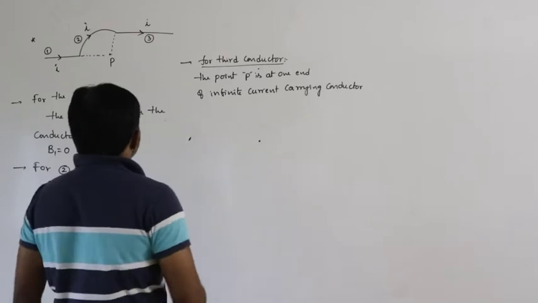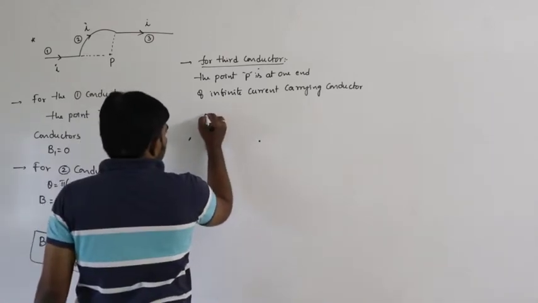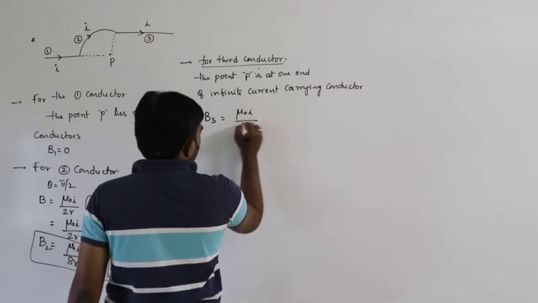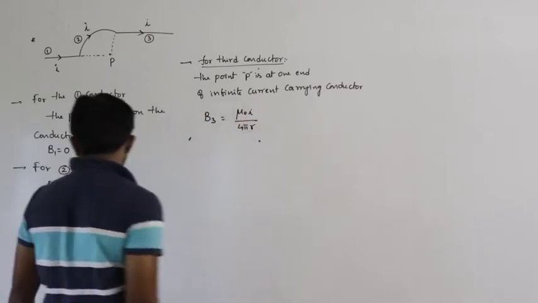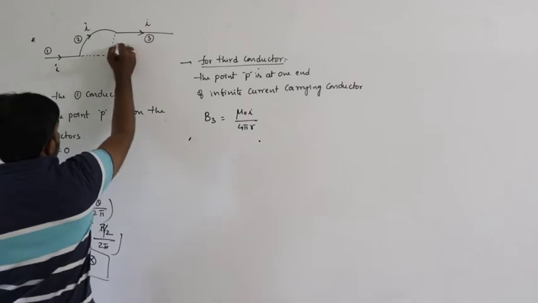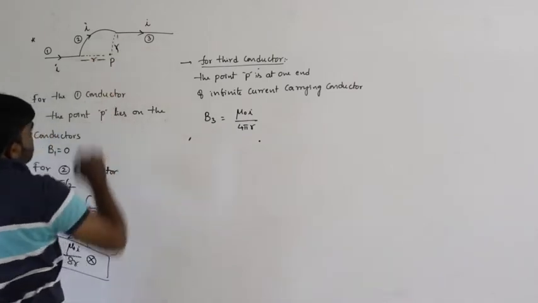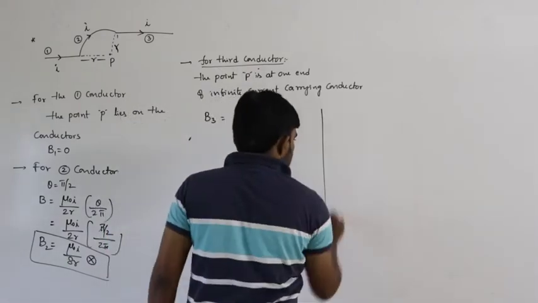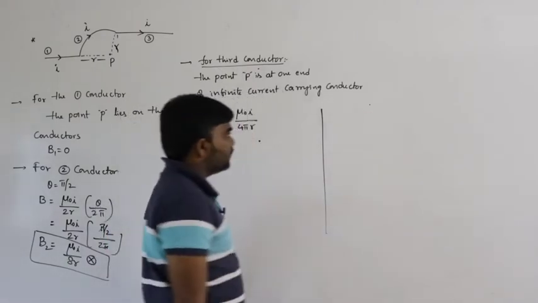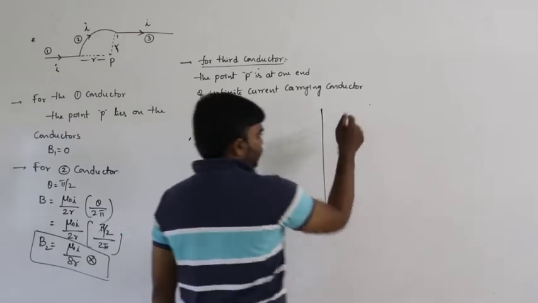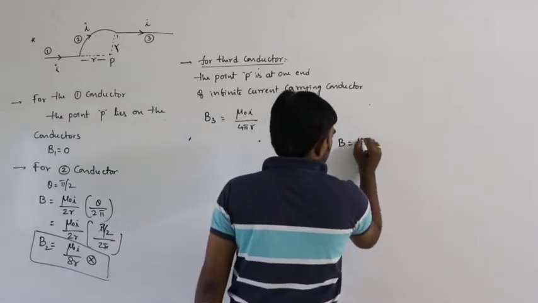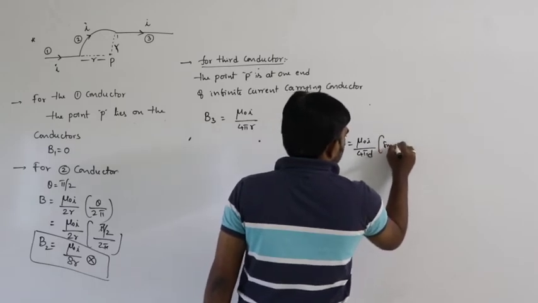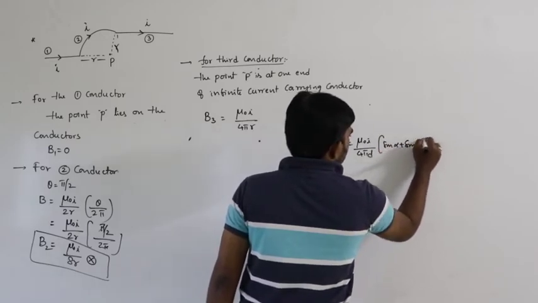So now for this situation, B3 can be written as mu naught I by 4 pi r, where r is the radius of the circular path. We already calculated according to Biot-Savart's law the magnetic field at one end of an infinite length. The general formula is mu naught I by 4 pi d into sin alpha plus sin beta.